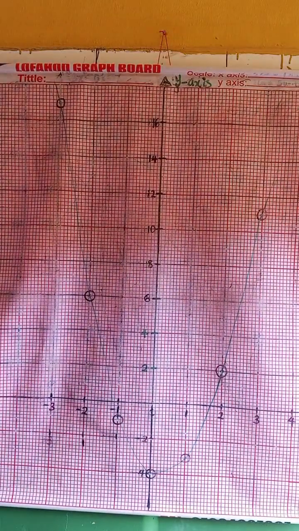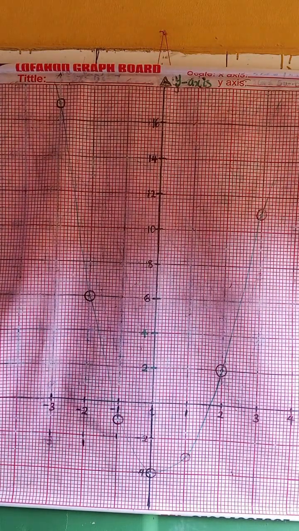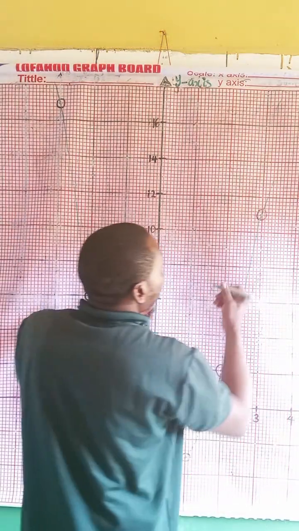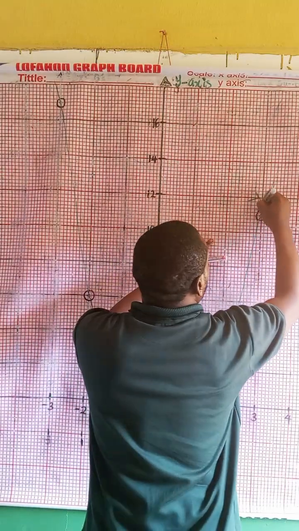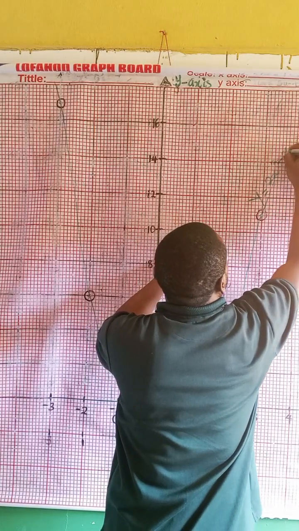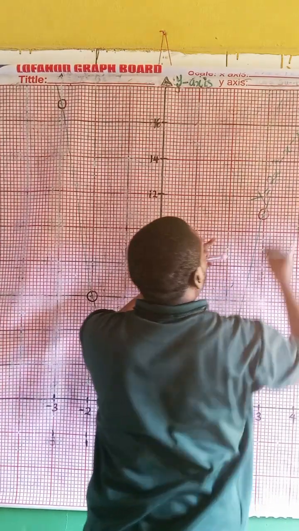Alright, now this is a graph of y equals 2x squared minus x minus 4.